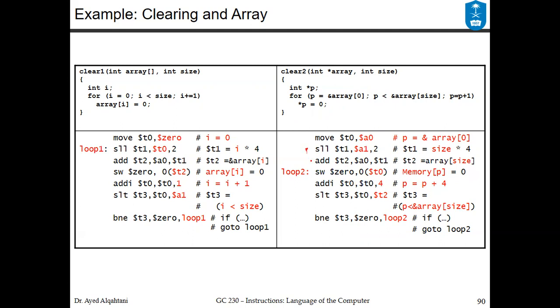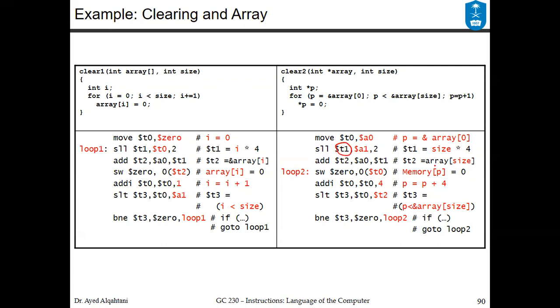We have those two outside the loop, because this one that we will compare against it's not going to change every time we compare. So we can do the shift left and add outside the loop. And this is what we did. We multiplied the size by 4 to prepare T1.